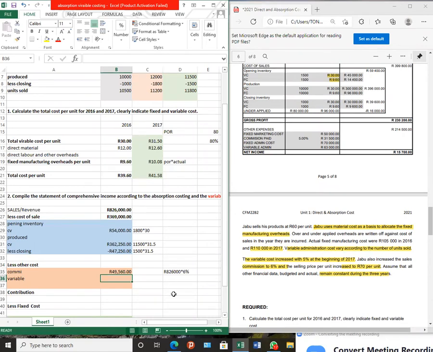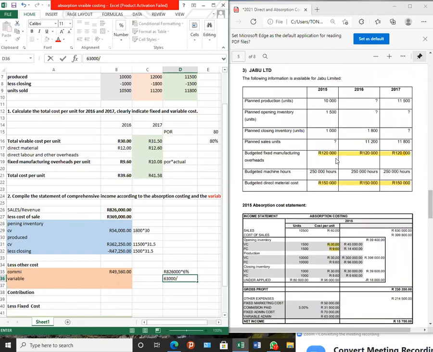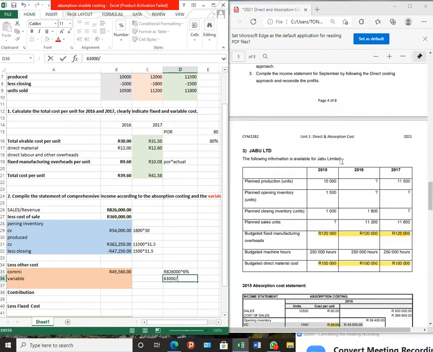Step number one, guys, we must know how much is the variable cost per unit for 2016. In 2016, guys, if you take 63,000 from 2015, divide by the number of units sold.